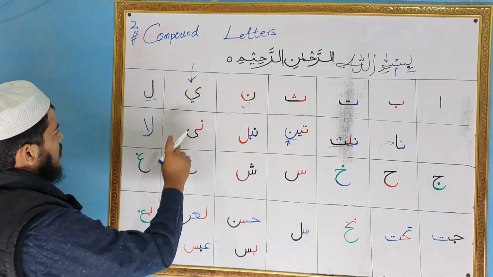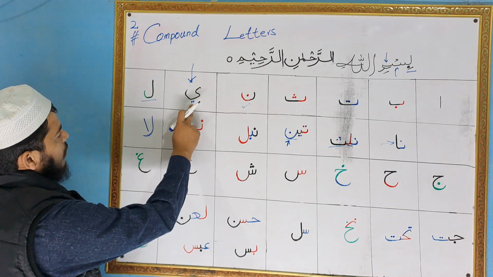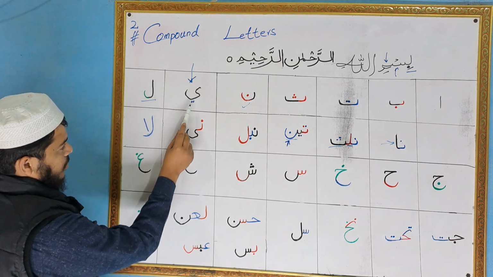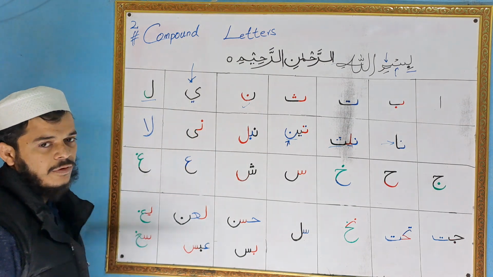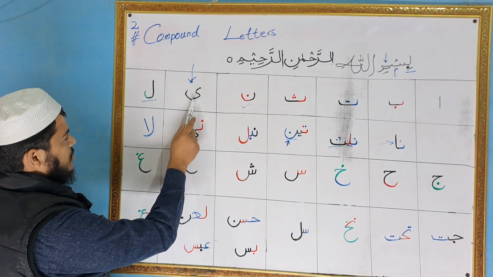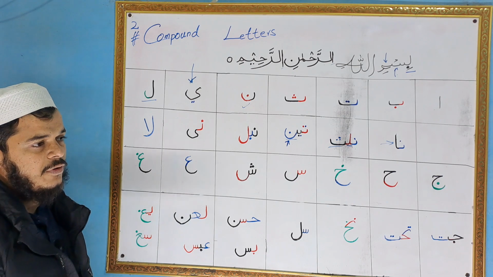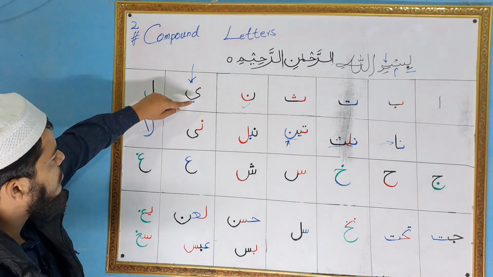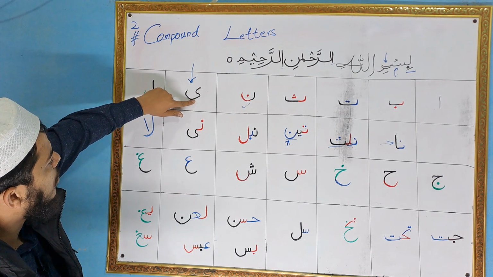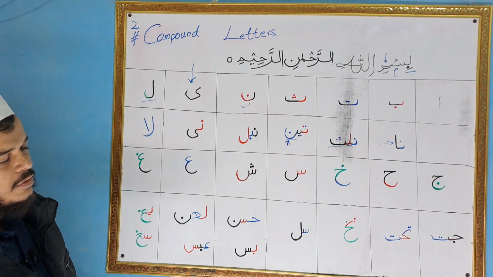Okay, now we come to the letter ya. So you can see there I have placed two different colors of dots. The dots color is different than the original shape of ya. So sometimes this ya will come without dots.